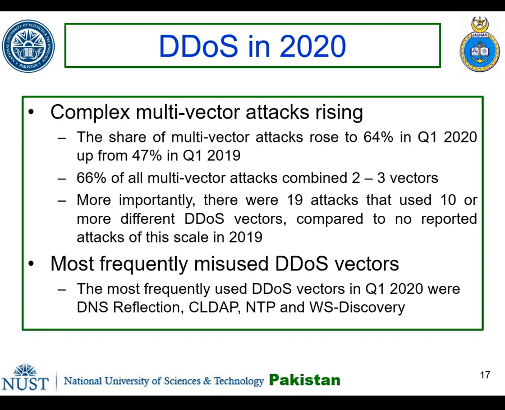The complex multi-vector attacks are rising. The share of multi-vector attacks rose to 64% in the first quarter of year 2020, which is almost 47% up from that of the first quarter of 2019. 66% of all multi-vector attacks combined 2 to 3 vectors.